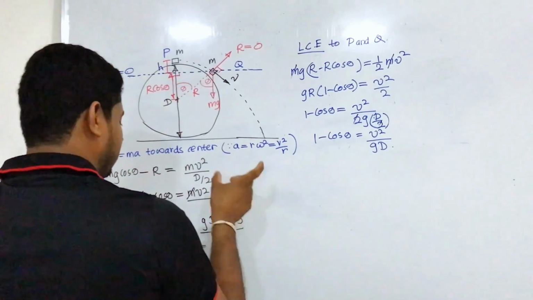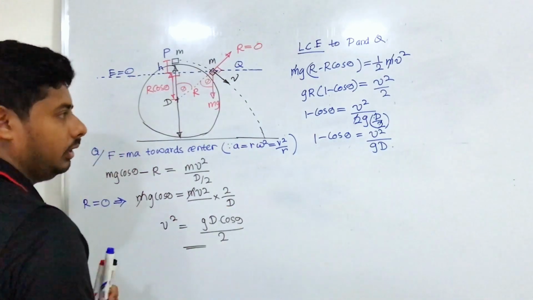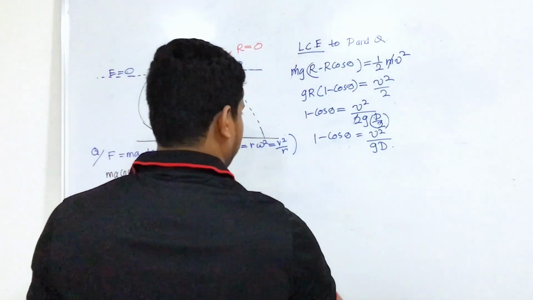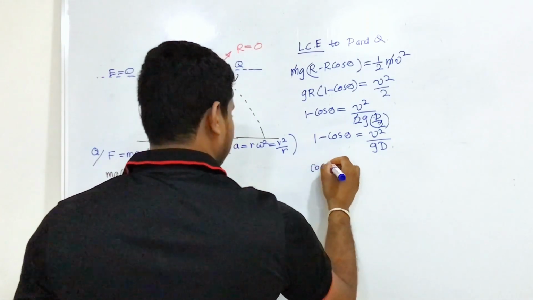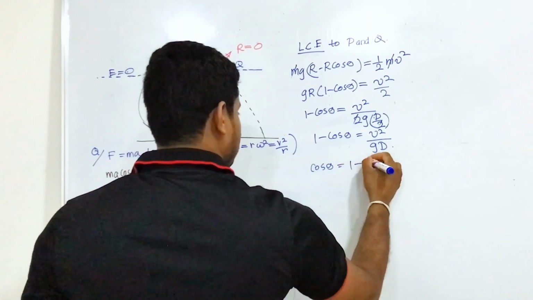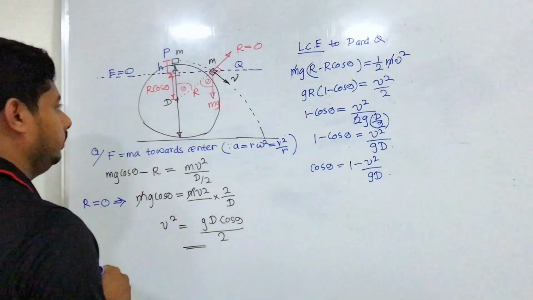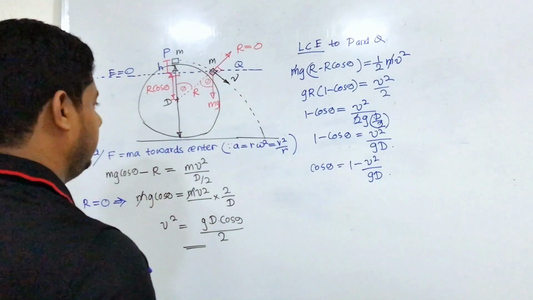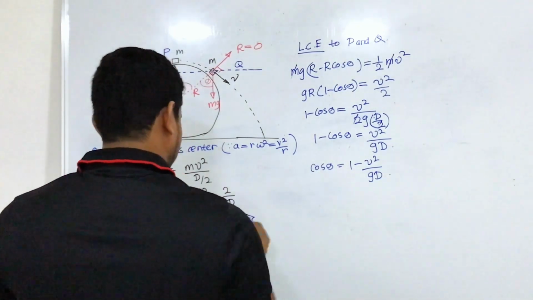Right? Okay. Now what you can do is, we have two equations. So you can get cos theta from here or here, and you can apply it here. So I will take it from here. That will be cos theta equals 1 minus v squared over gd. Now I can apply it here.